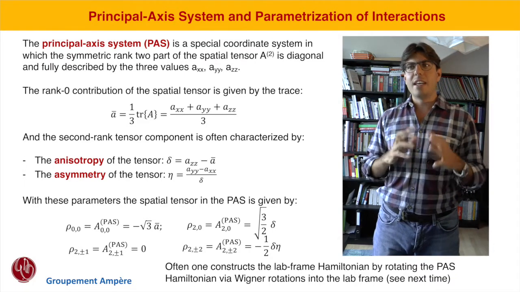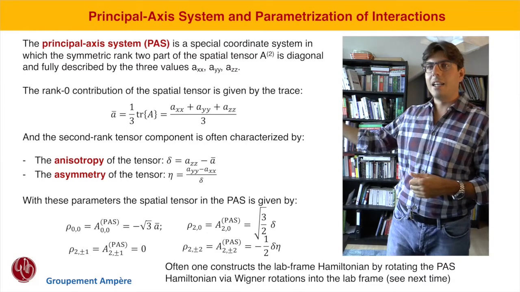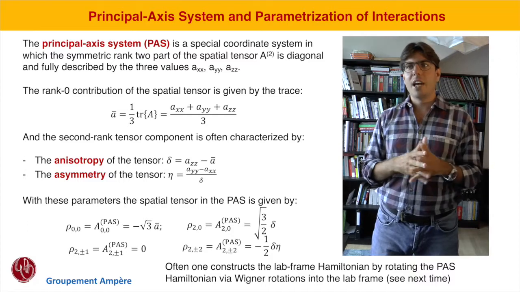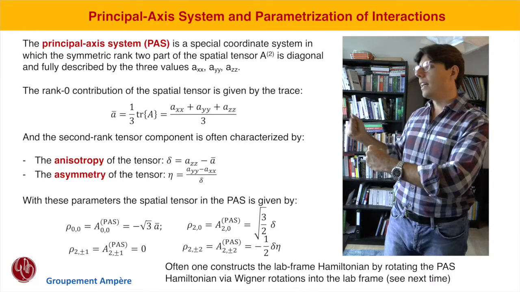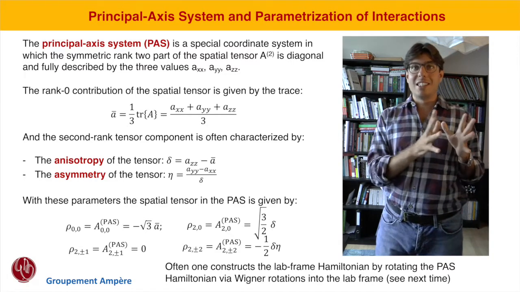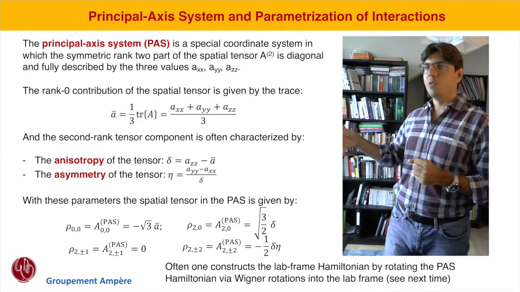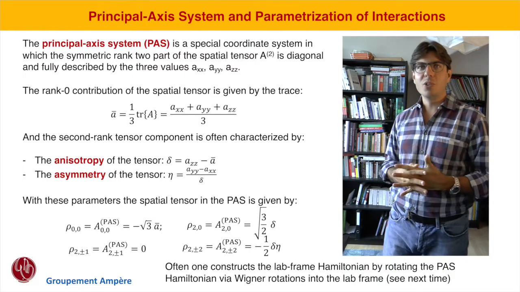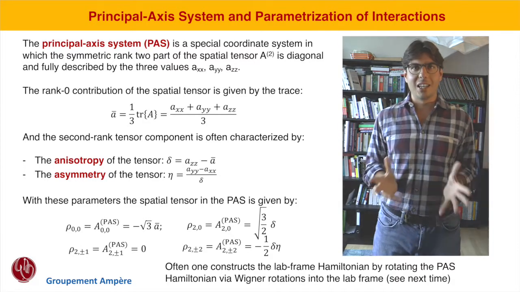And then we have the A20 component that is related mostly to the anisotropy delta. And then we have the A2 plus minus 2 component that is related to the anisotropy and the symmetry. If, for example, we are talking about a symmetric tensor where the eta is equal to 0, then it would have no A2 plus minus 2 component, and we will see that this is actually the case for our dipolar coupling.